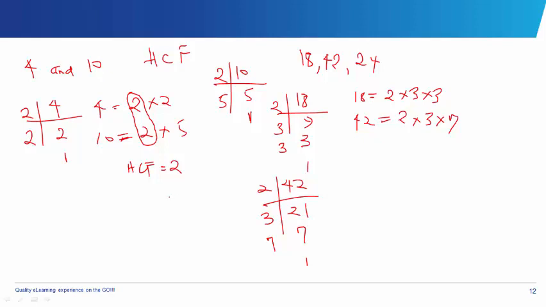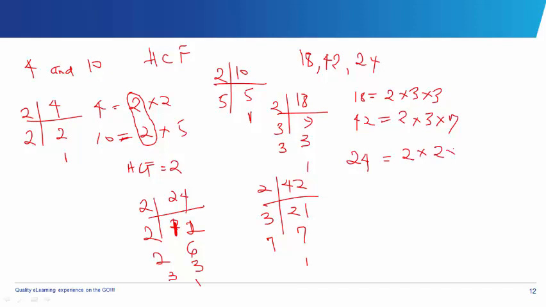Now 24, let's express it. 2 can go, 2 gives us 12, 2 again gives us 6, 2 again gives us 3, then 3 will go. So 24 is 2 times 2 times 2 times 3.